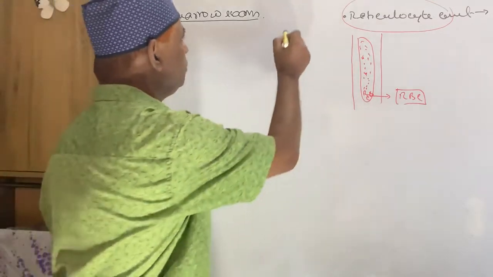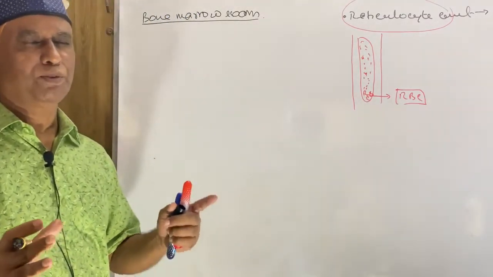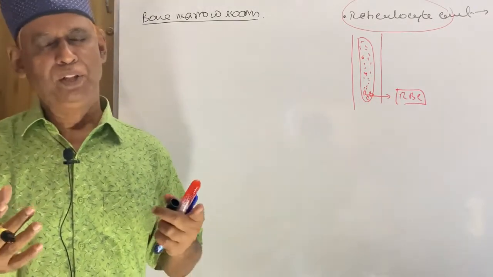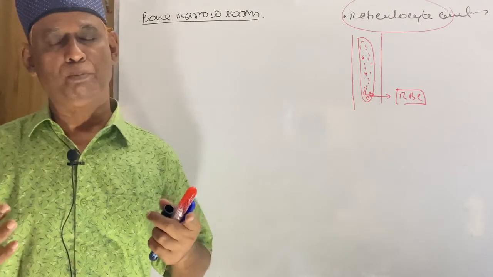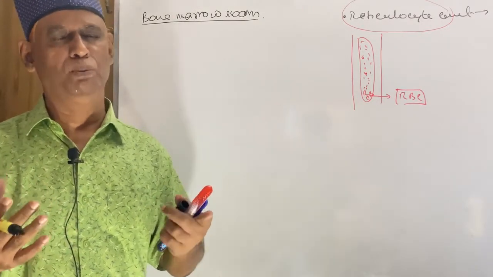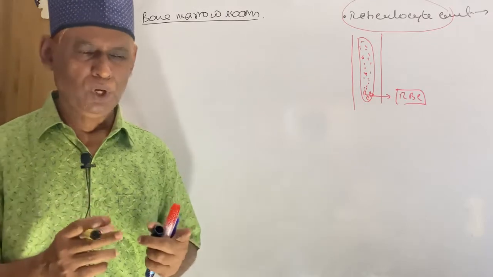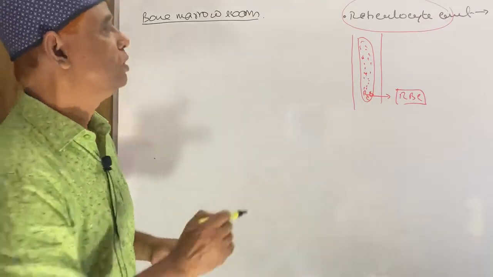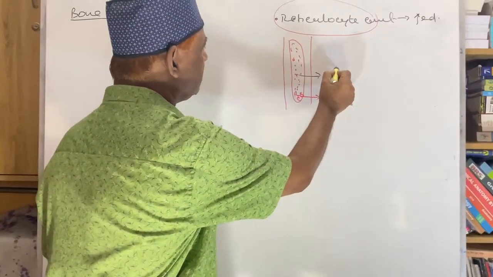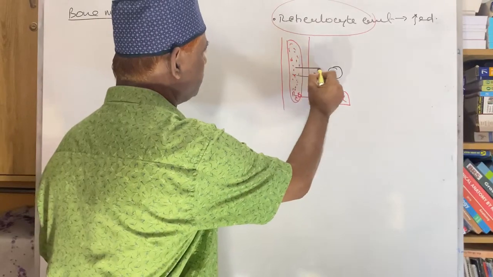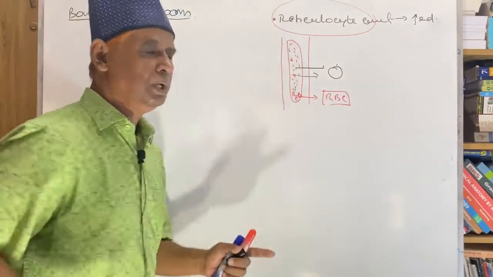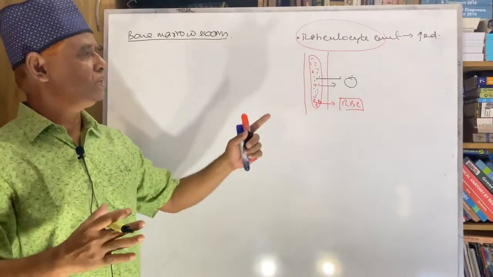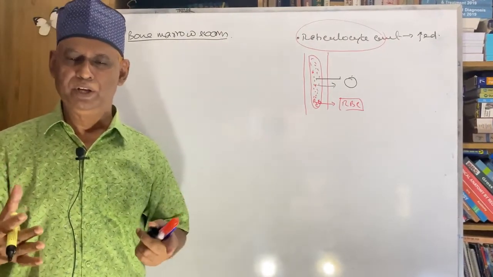One thing is important: in our blood all RBCs come from the bone marrow, all granulocytes come from the bone marrow, but most of the circulating lymphocytes come from the lymphoid tissue. Very few lymphocytes circulating in the blood come from the bone marrow. So the number of lymphocyte series cells in normal bone marrow is very insignificant.